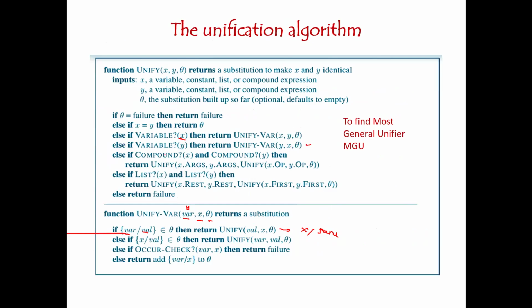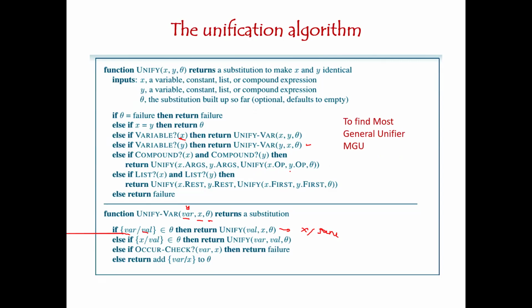Suppose you have a compound sentence, that means an expression involving one more, that is what we call a compound expression, right? Here a predicate involving one more predicate is called a compound expression. Similarly, a list of elements. If you take a compound expression, first we will call the unify algorithm with x.op comma y.op, x.operation comma y.operation.